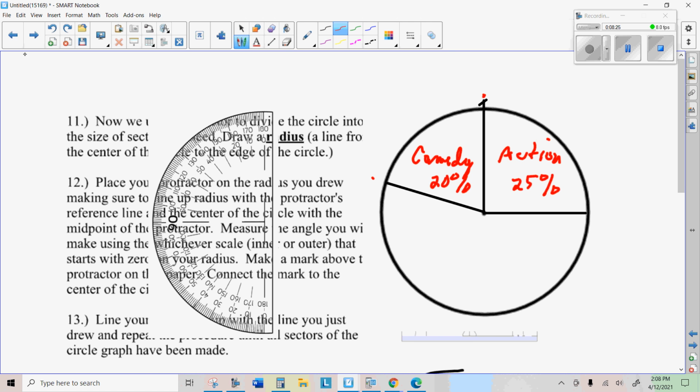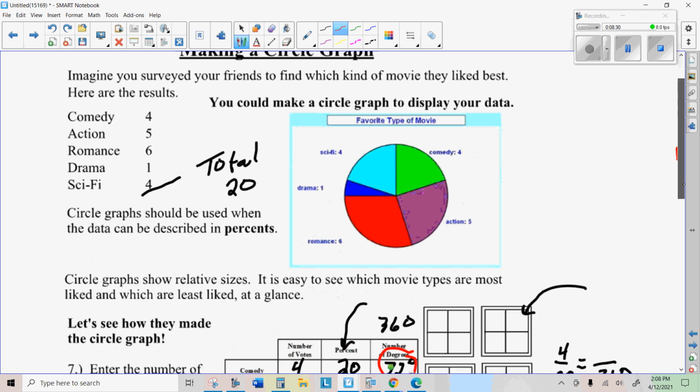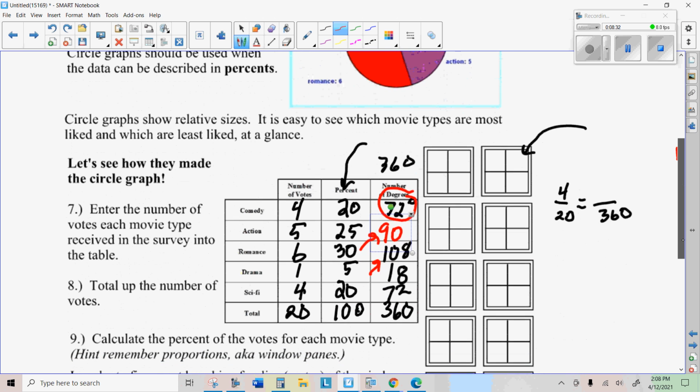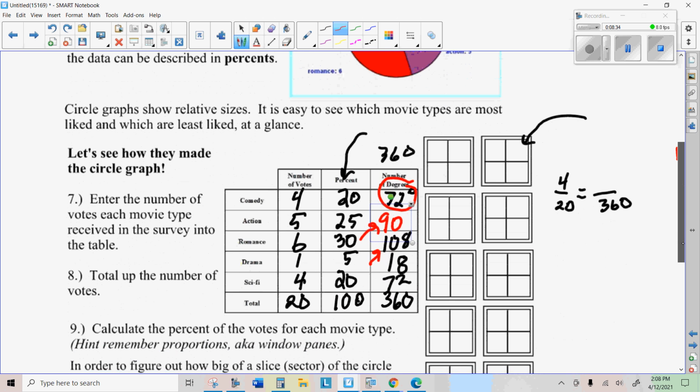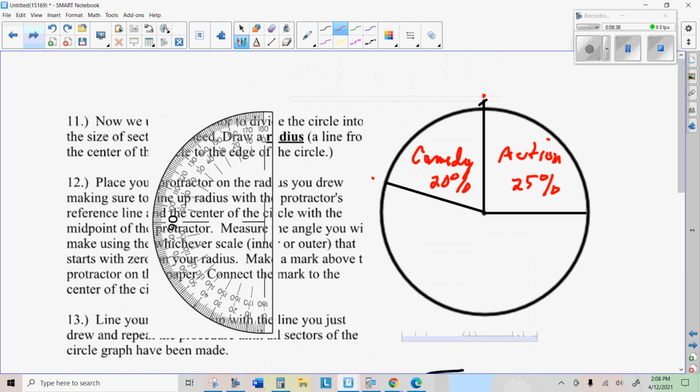Okay, the next one I'm going to do is 108 degrees, and that's romance. I'll show you how to do one of those bigger angles. So we're going to just take it from where we were last.